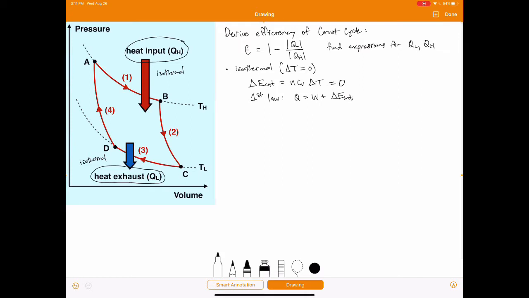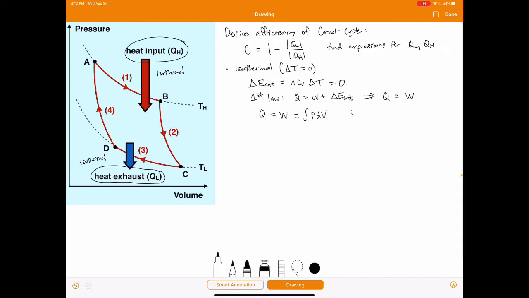So for an isothermal process, what we're going to have is Q equals W. In other words, the heat that flows into the gas is equivalent to the work during an isothermal process. Okay, so Q is equal to W, but W is equal to the integral of P dV.